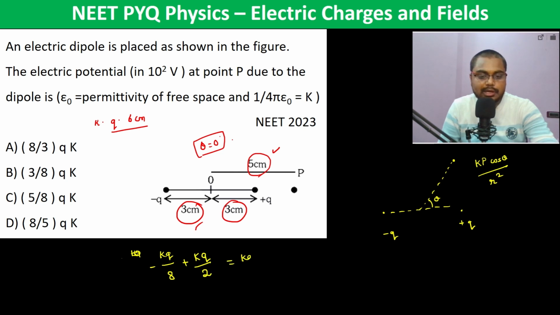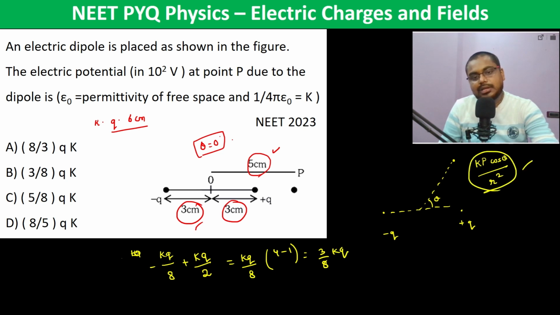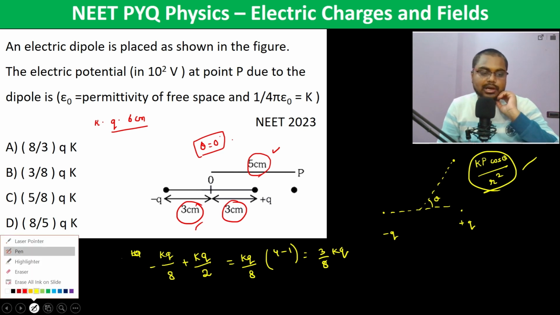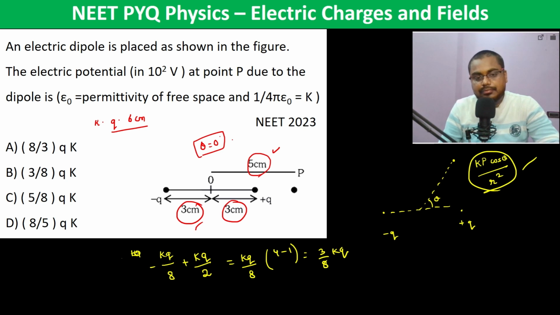So it's going to be kq by 8, 4 minus 1, so 3 by 8 kq. This formula is okay, but because r and l, the distance between the charges and the point where we are calculating, are quite comparable, we can directly use this formula.